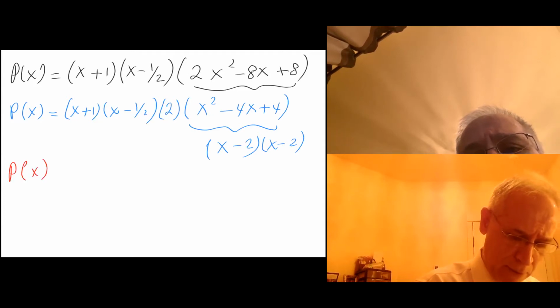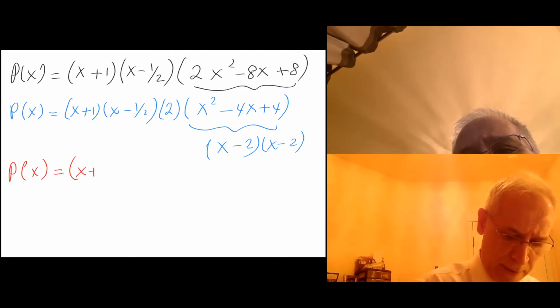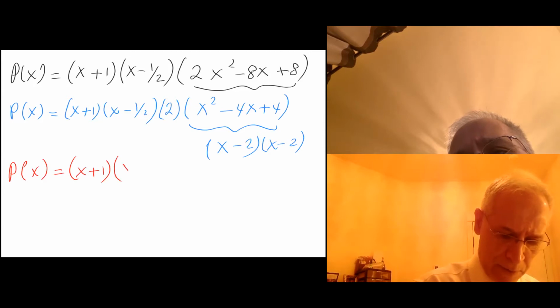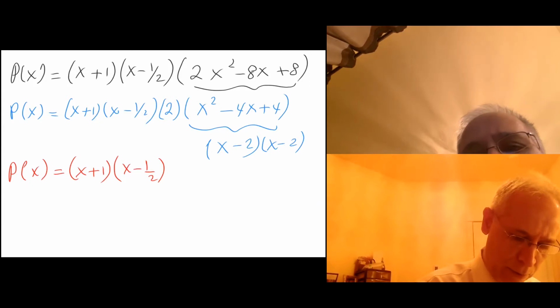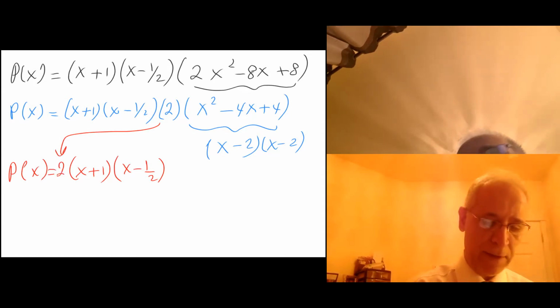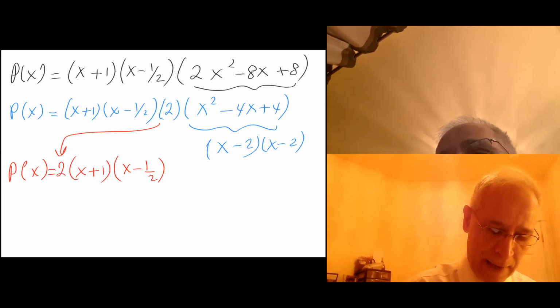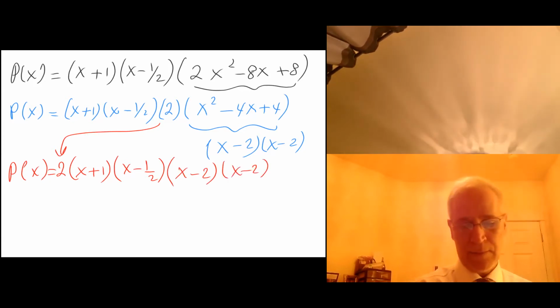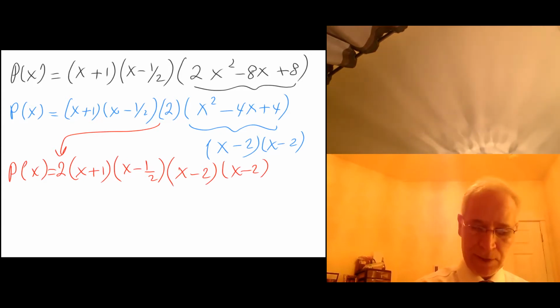P of x equals x plus 1, x minus 1/2, and let me just put the 2 right up front. There's no reason not to. X minus 1/2 and x minus 2 times x minus 2. Okay, so this is the factored form of p of x.